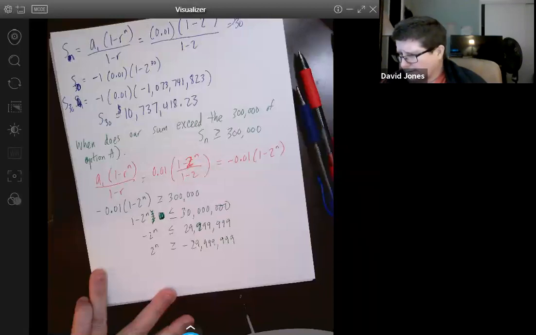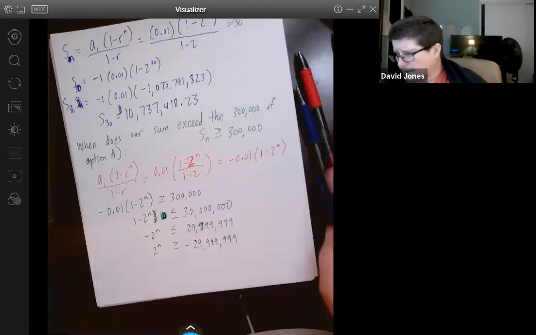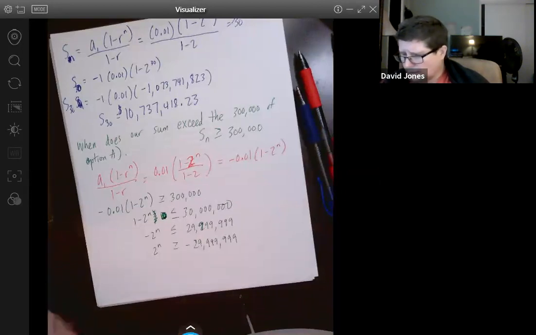Something's off. Two to the n would always be greater than that. What did I do wrong here?